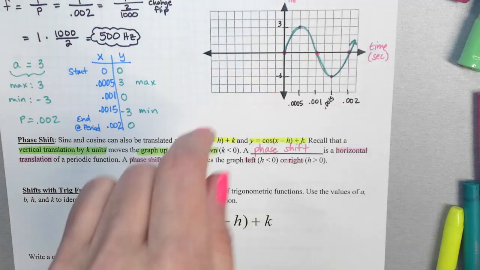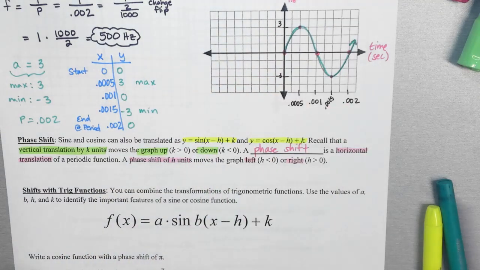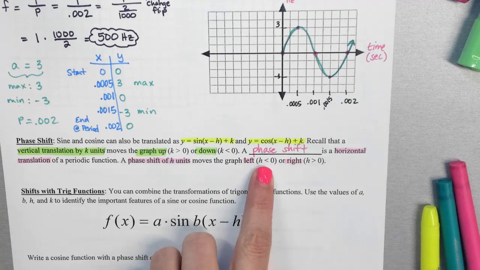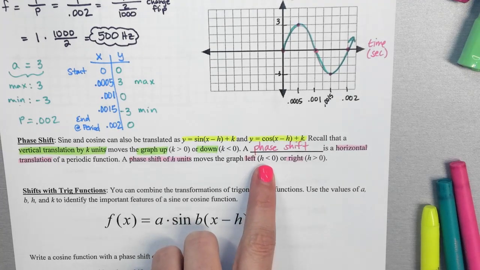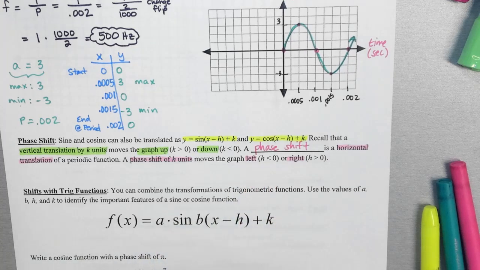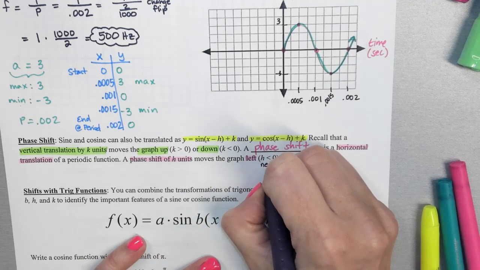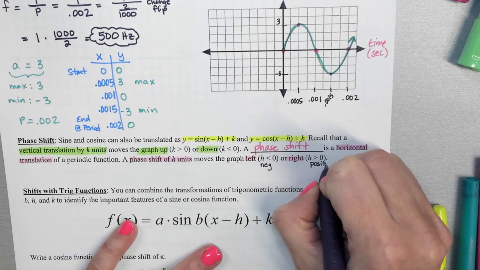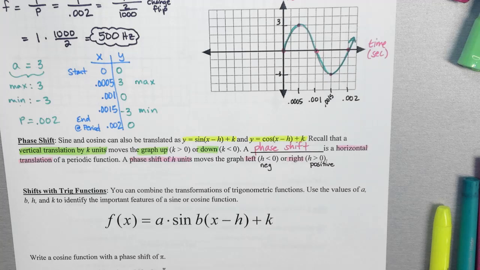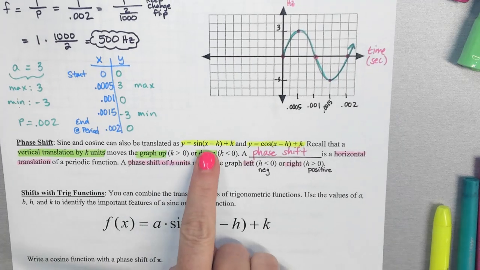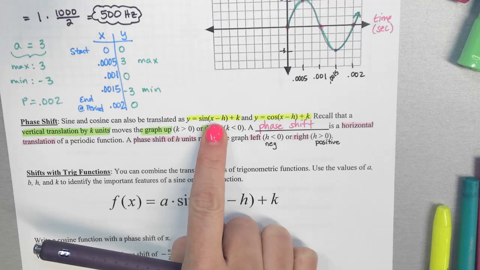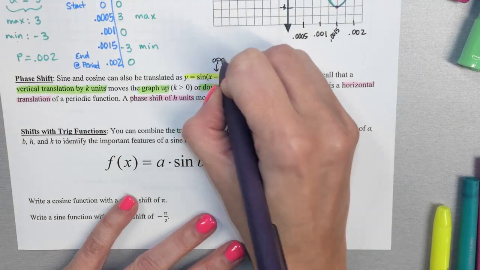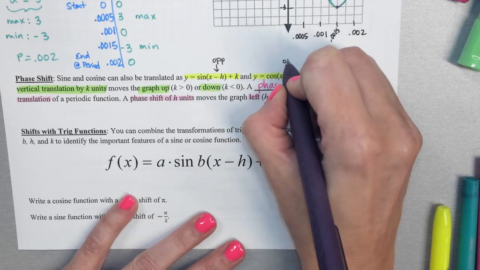And if you look at what's in parentheses here, it's saying that if you have a value where h is less than 0, that is going to be moving your graph to the left. So if it's a negative h, it moves it to the left. If it's a positive h, it's going to move it to the right. But look at what we have in our standard equation. We have this minus sign. Another way to interpret that is it's the opposite.